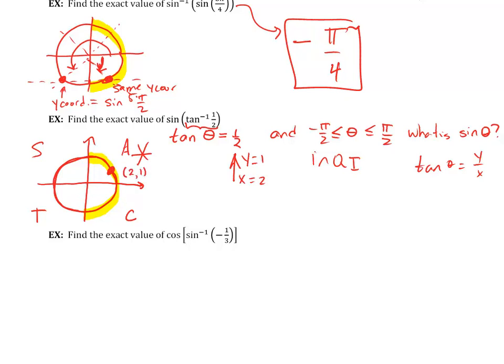Now this is not the unit circle. This is actually some other circle of radius square root of 2 squared plus 1 squared, and that's just from the distance formula. That's square root of 5. And now sine of theta will be y over the radius, or in our case 1 over square root of 5, or if we rationalize, square root of 5 over 5.